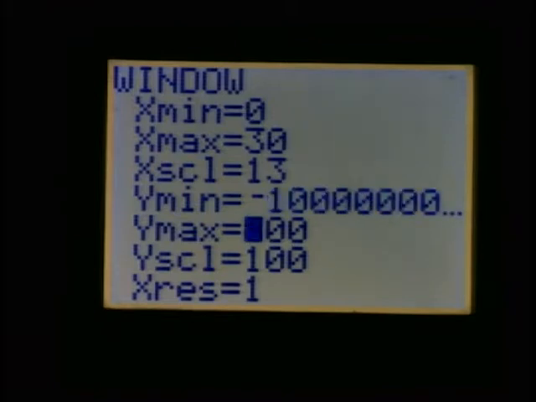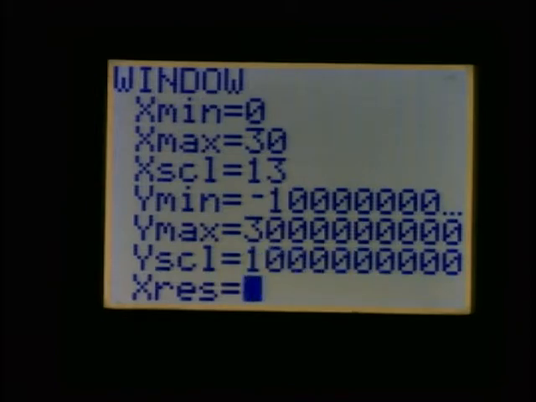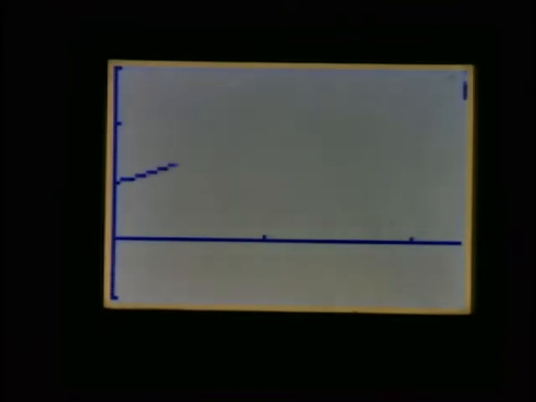And let's put the top of the screen at 3 times 10 to the 9th, and put tick marks every 10 to the 9th. Okay, so there's our window settings, and we hit graph, and we should see exponential growth.